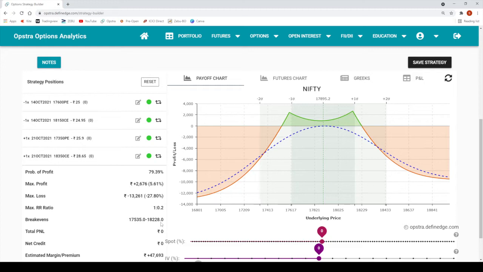So we make profit as the next week expiry increases more than the current week expiry, or the next week expiry stays at the same place while the current week expiry goes to 0. The difference between the current week premium and the next week premium is going to be the profit for us.